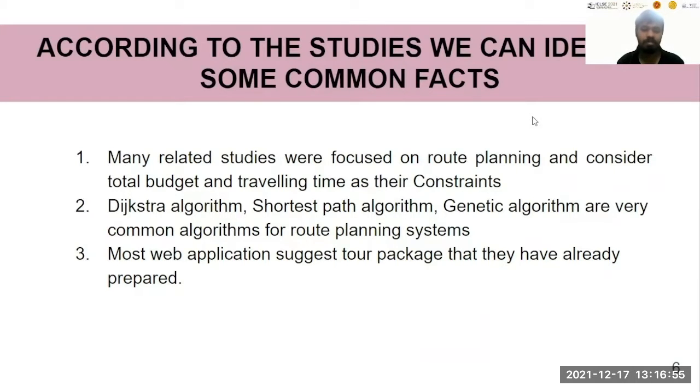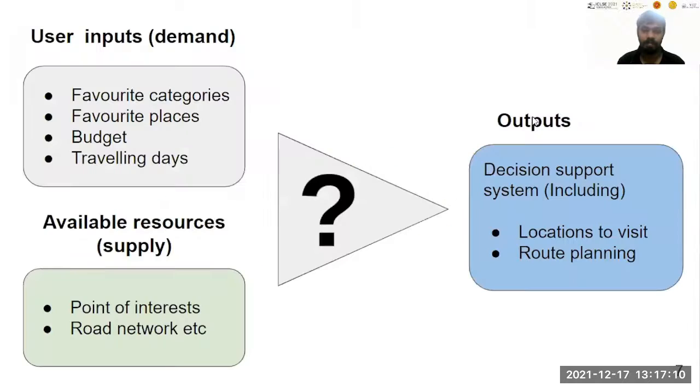Most web applications suggest a package that they have already prepared, so it doesn't give much priority to the user preferences. We try to address that part and provide a more customizable tour plan to fulfill customized customer satisfaction.